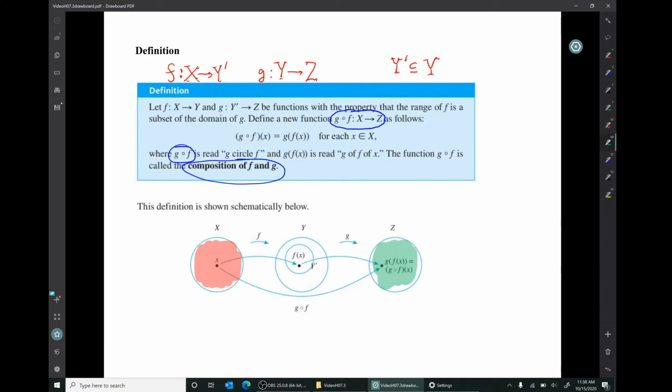We have to describe how you get the output. Here's the symbol for the function, g circle f. Here's the symbol for its input. Now we have to describe how you get the output. The output of g circle f is obtained this way. You take that input and you feed it into f, and you get an output here. And then you take that output and you feed that into g to get an output in set Z.